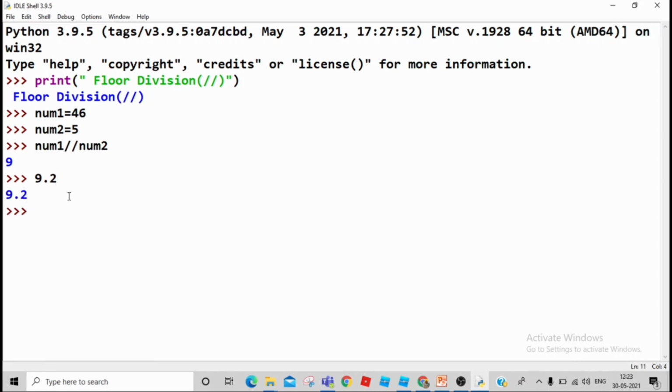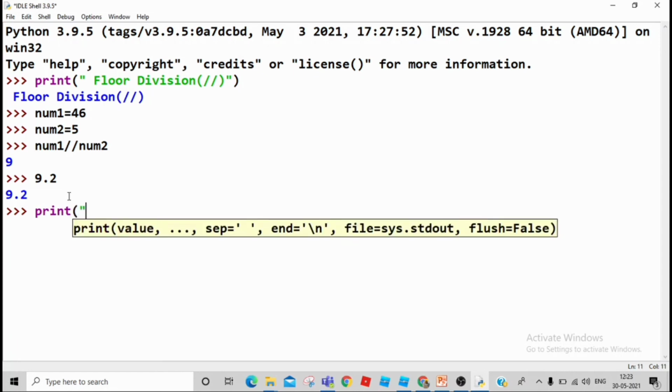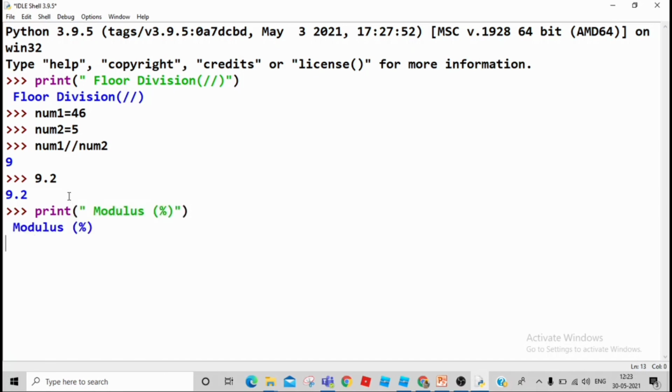Okay, now let's proceed with a new topic which is modulus. It's not a new topic but it's a new operator which is modulus. The sign is not very different, it's the normal percentage sign which you might have used while solving the percentage questions of profit and loss.